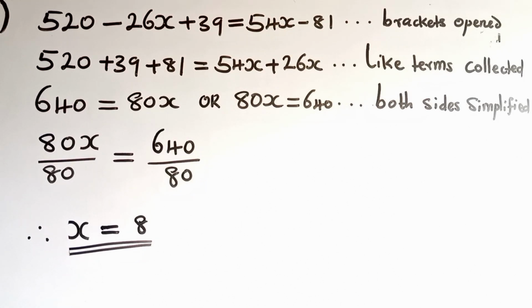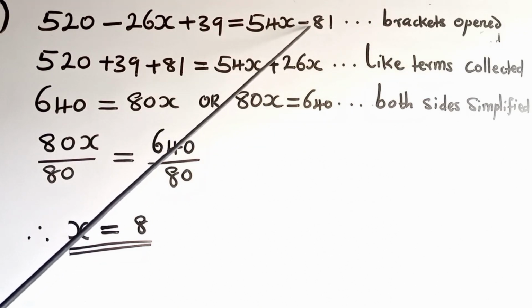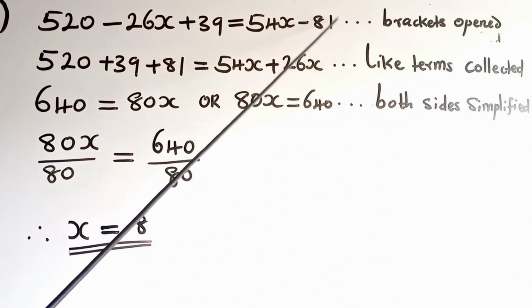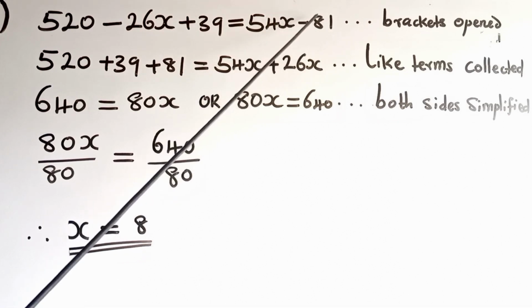Second principle is that whenever the additive inverse of a number is added to it, the result is 0. And whenever a number becomes 0 on one side of an equation, the implication is that that number has disappeared from that side. For instance, if I add plus 81 to this minus 81 here, certainly this minus 81 has become 0.